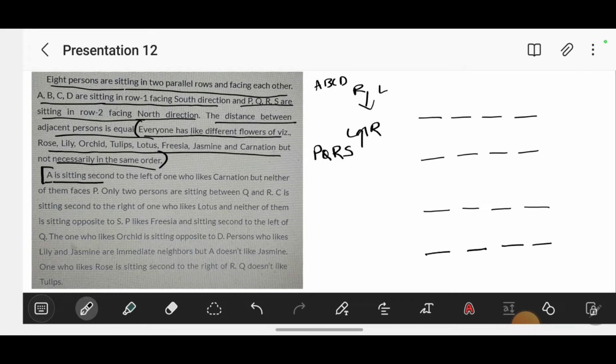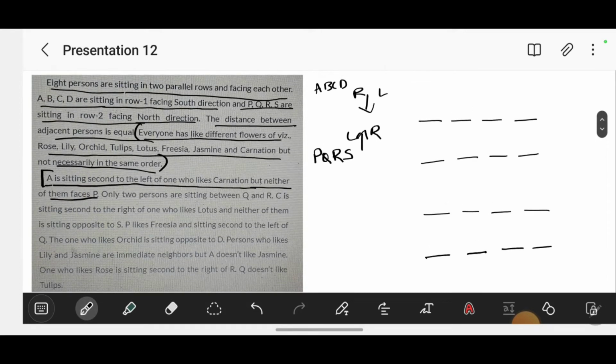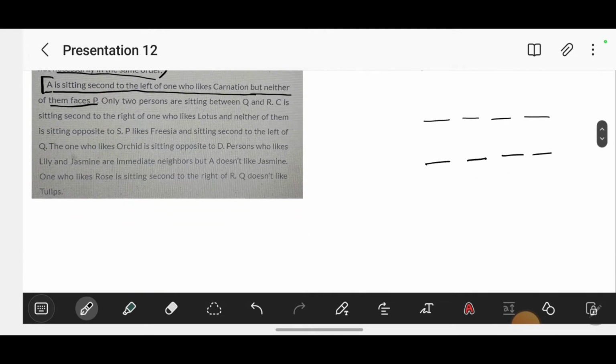A is sitting second to the left of the one who likes carnation, but neither of them faces P. What is he saying? A is sitting second to the left of the one who likes carnation. As A is facing south, take this case.